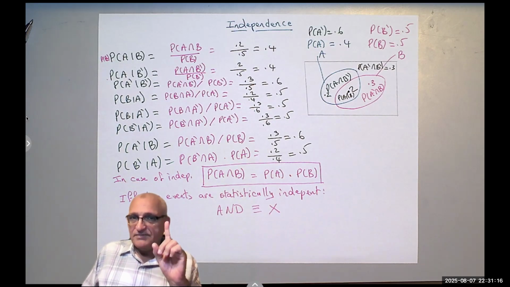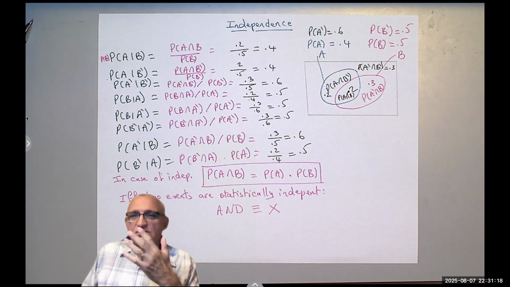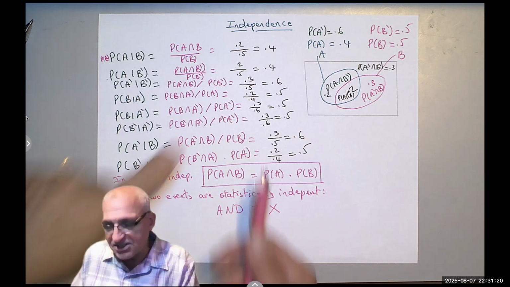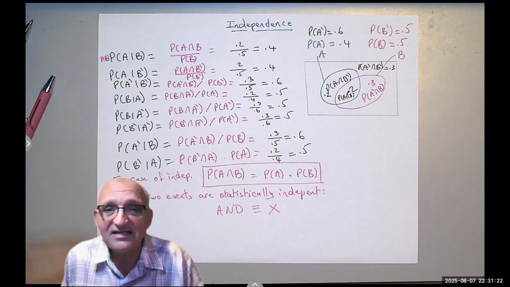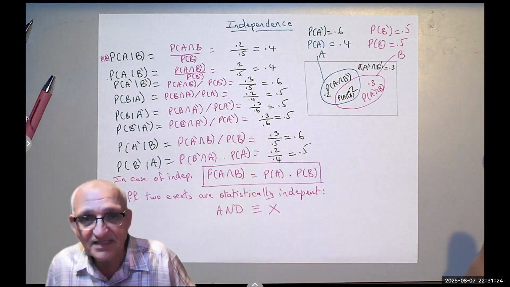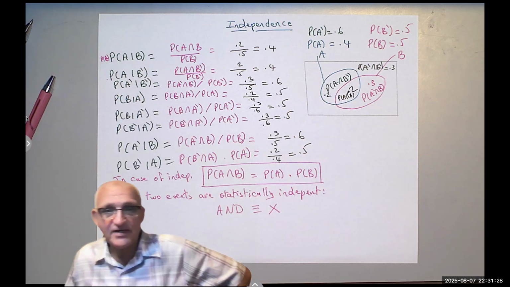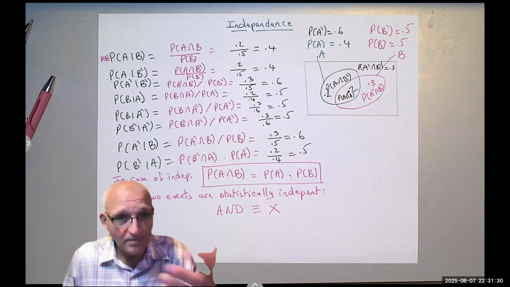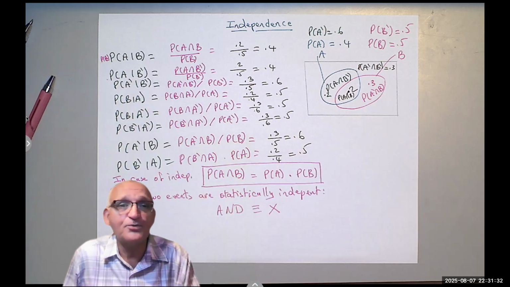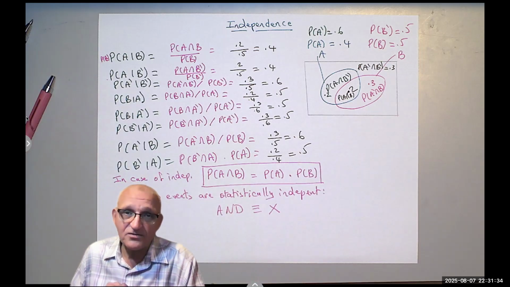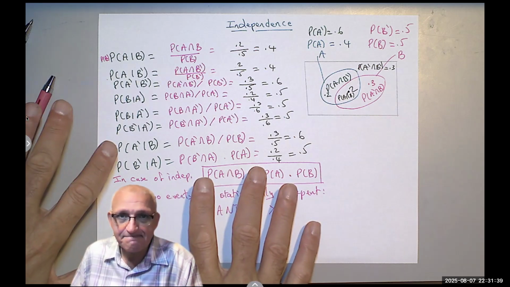Not always. Many students say, oh, and means times. No, you have to establish that the events are independent. And it doesn't matter if I have 10 events and all of them are mutually independent, like every two of them are independent of each other, then the probability that they all occur is the product of their own probabilities. I hope this explained it.